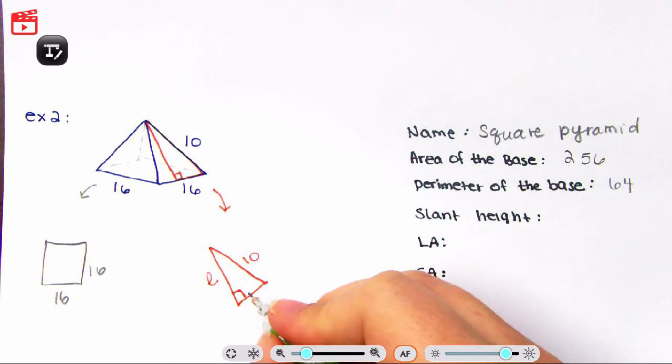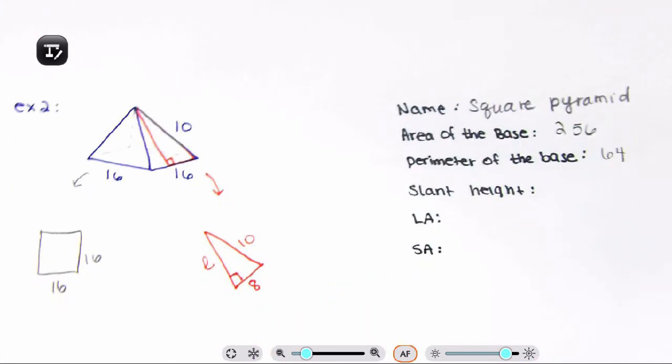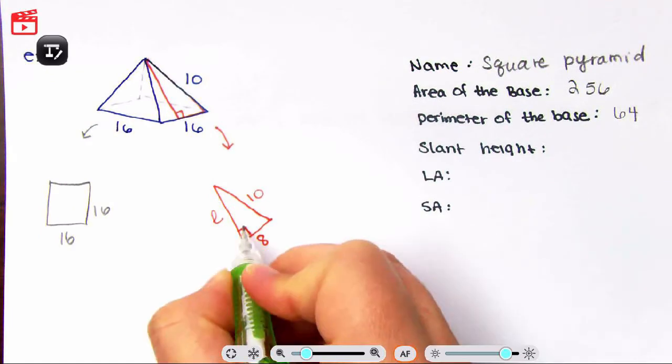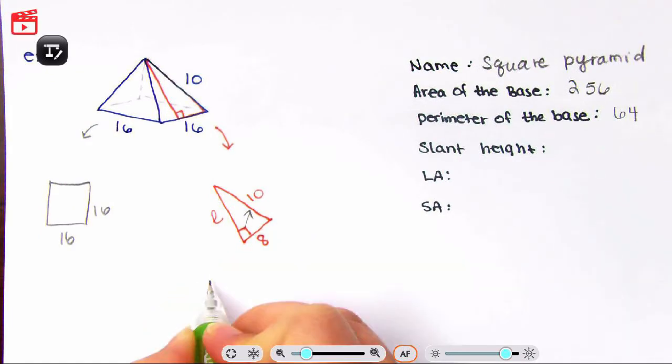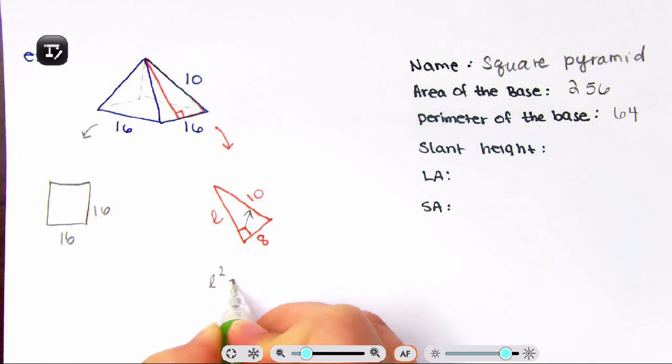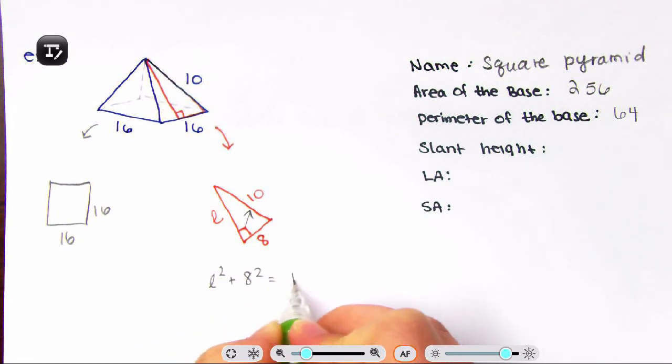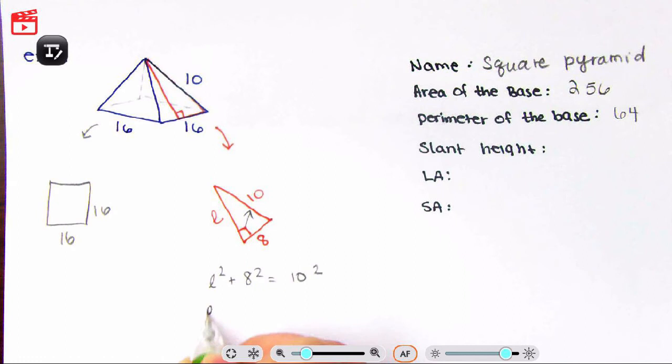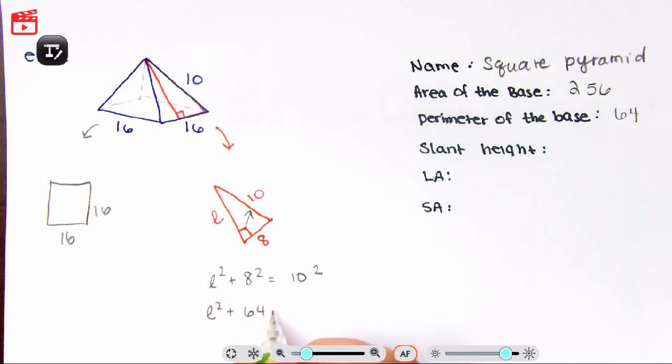All right, let's talk Pythagorean theorem. I have my hypotenuse opposite my right angle. So my slant height squared plus 8 squared is equal to 10 squared. So my slant height squared plus 64 is equal to 100.